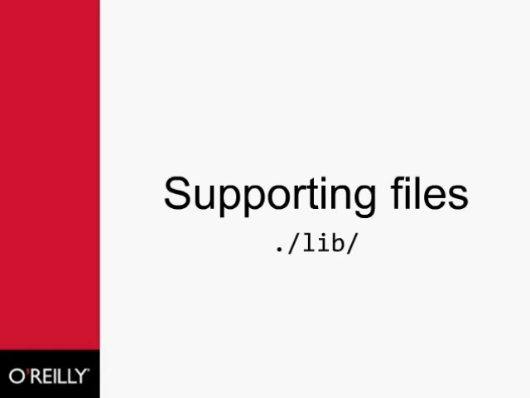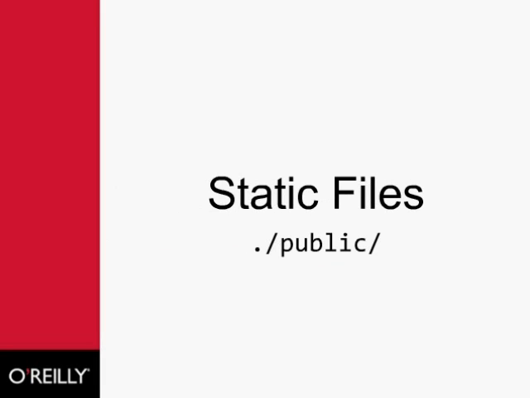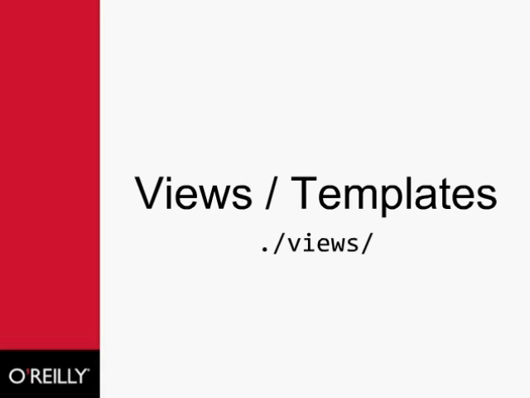So supporting files, these usually go in lib, for library. Static files, files that are just static HTML, images and so on, CSS, usually go in public. Views and templates usually go in a folder called views.